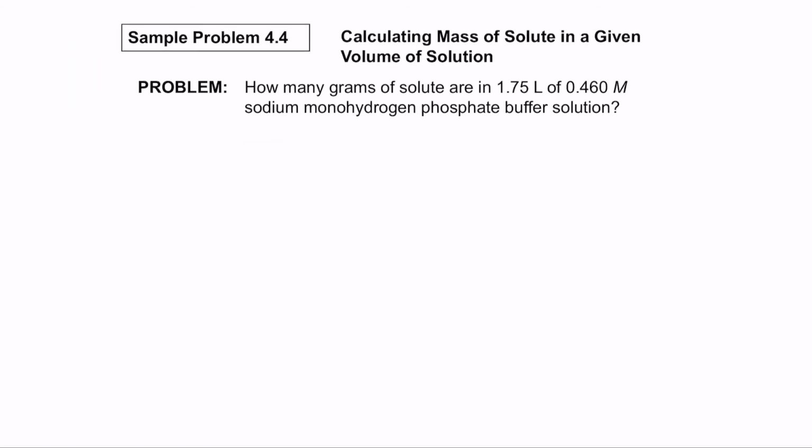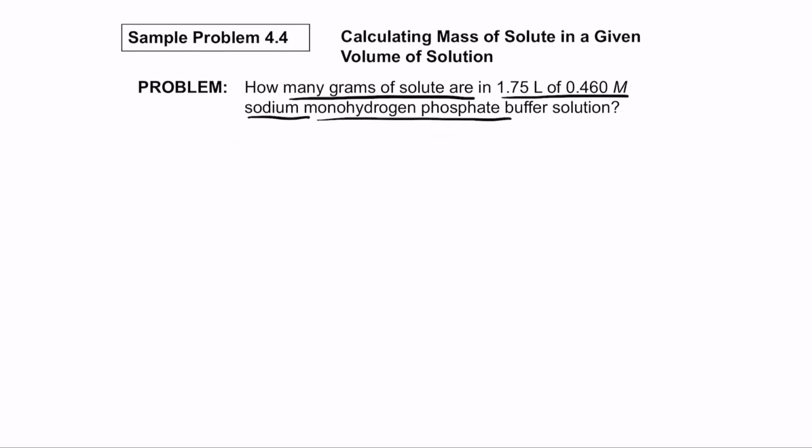Now let's try a problem where they have asked us how many grams of solute are in 1.75 liters of 0.460 M sodium monohydrogen phosphate solution. Here we are going from molarity to the number of grams of solute.